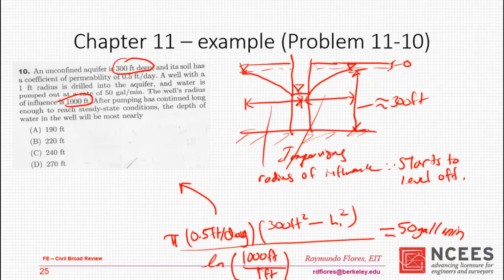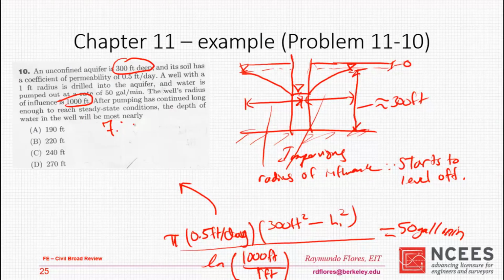Let me look it up. It's 7.481 gallons per feet cubed. Alright, so now that we know that, we can do the rest of the problem very easily. So let me just get a calculator.